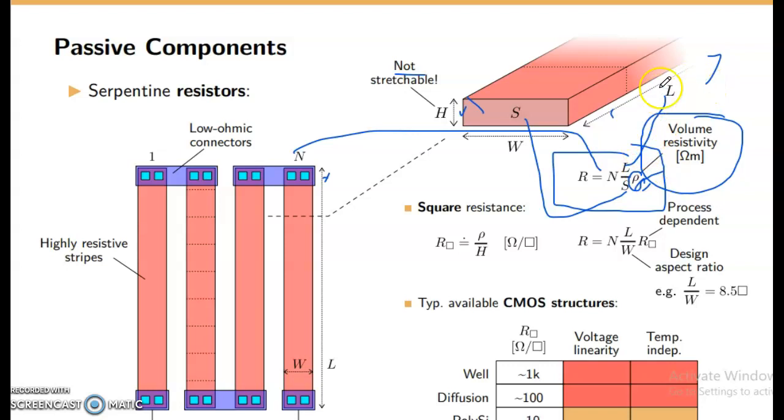This length L we have to mention here, this N, and this S value. After that we will find the square resistance: R equals rho by H, per square resistance.